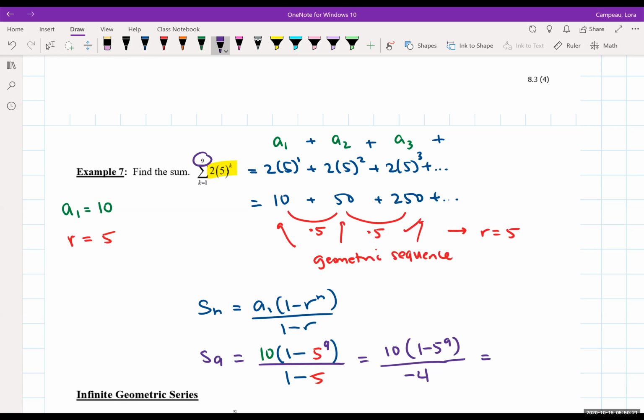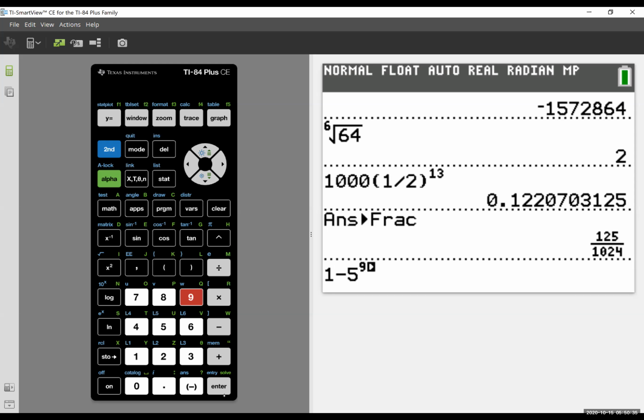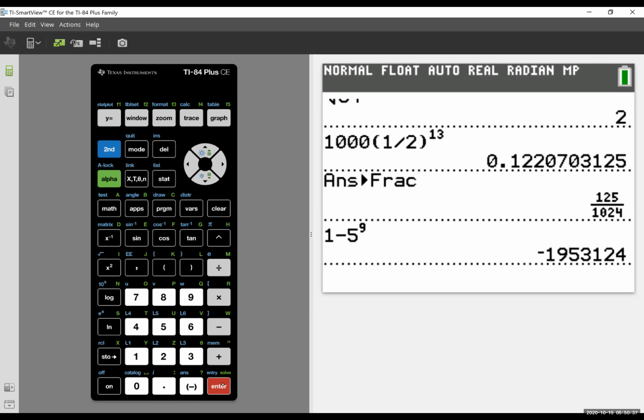So I'll go to my TI: 1 minus 5 to the 9th, which gives me a large number. I could also plug these in as I go. Let's write that down.